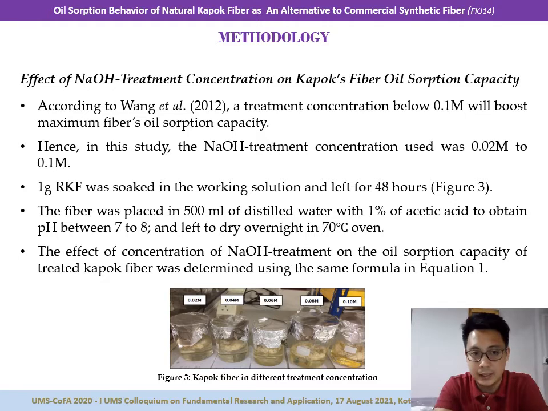Hence, in this study, the NaOH treatment concentration used was 0.02 molar to 0.1 molar, as we can see in figure 3. 1 gram of raw kapok fiber was soaked in the working solution and left for 48 hours. The fiber was then placed in 500 ml of distilled water with 1% acetic acid to obtain a pH between 7 to 8 and left to dry overnight in a 70-degree oven. The effect of NaOH treatment concentration on oil sorption capacity of treated kapok fiber was determined using the same formula in equation 1.